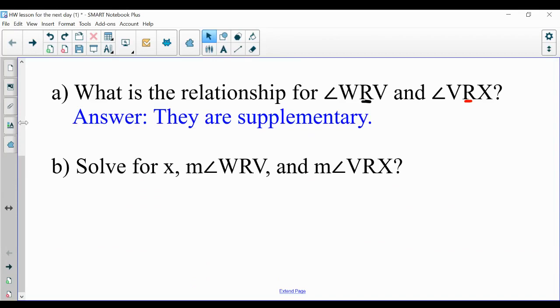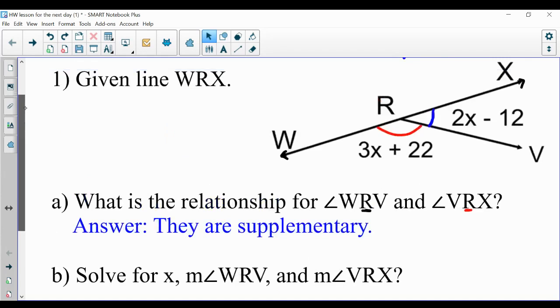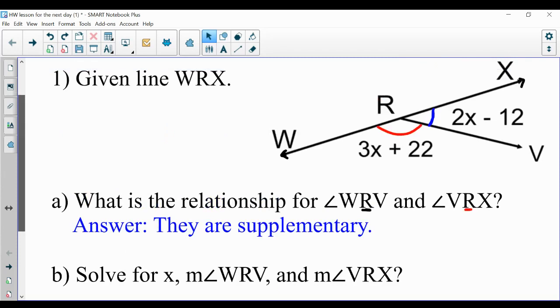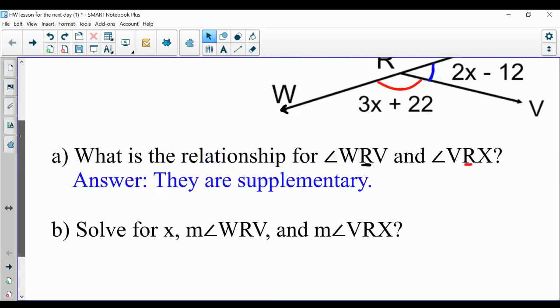So let's go back a little bit. We just said that they are supplementary. Supplementary means they add up equal to 180. So it means the red angle and the blue angle add up equal to 180 degrees because they are on a straight line. So we're going to set up the equation.